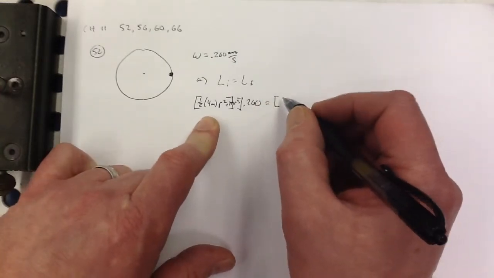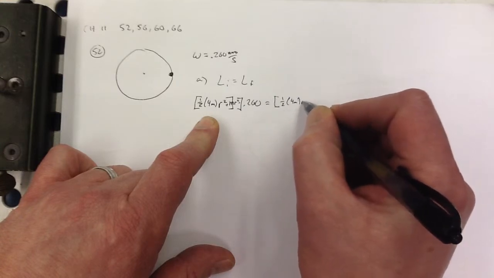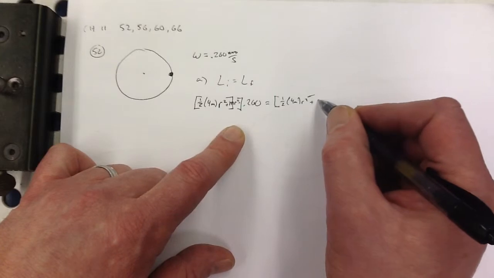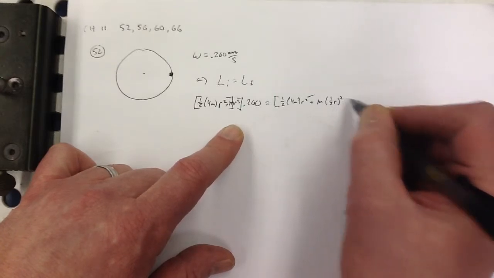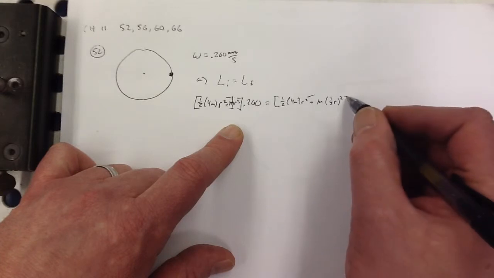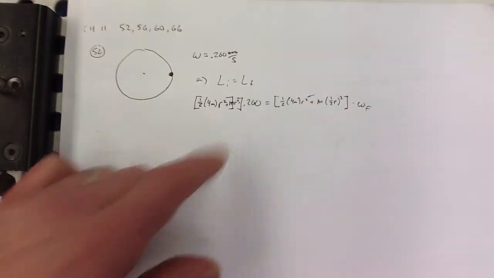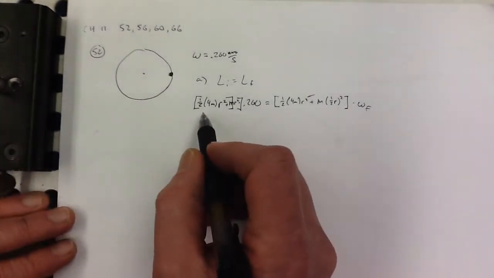And then afterwards, we have 1/2 m r squared. The disk is the same, but now the cockroach is at m times 1/2 r squared. Make sure you square that whole thing, times the final angular velocity. Okay, so let's see what we have here.